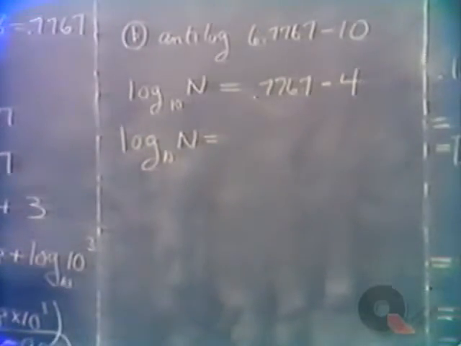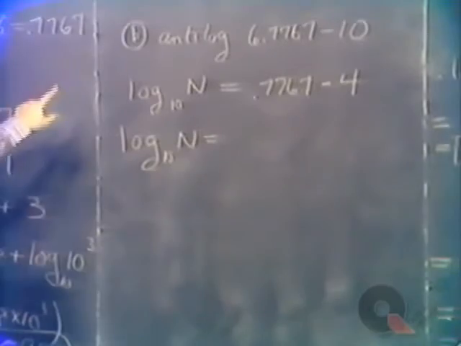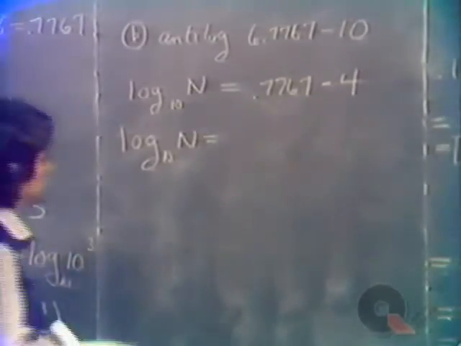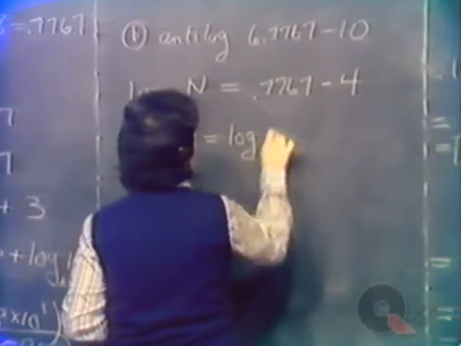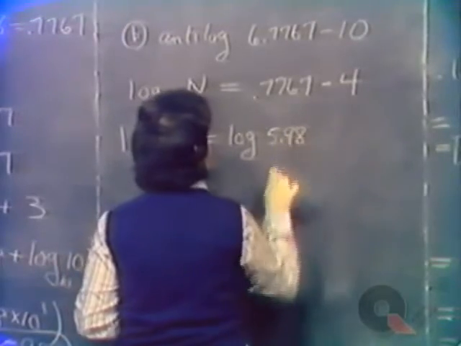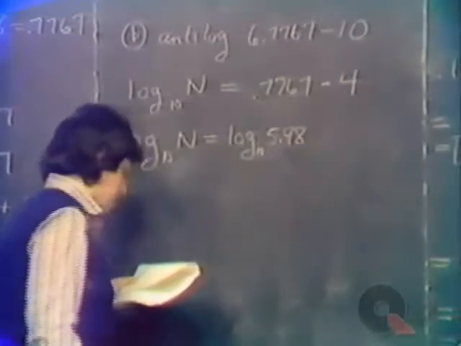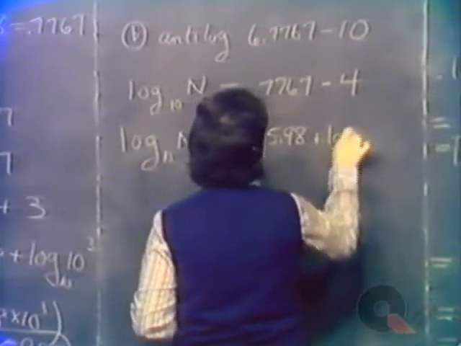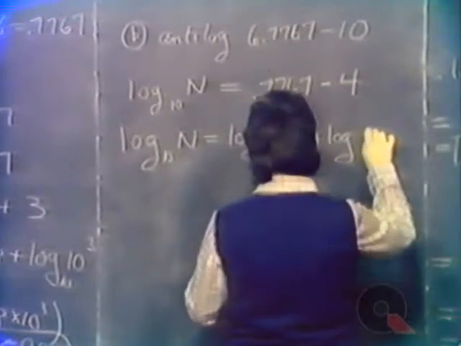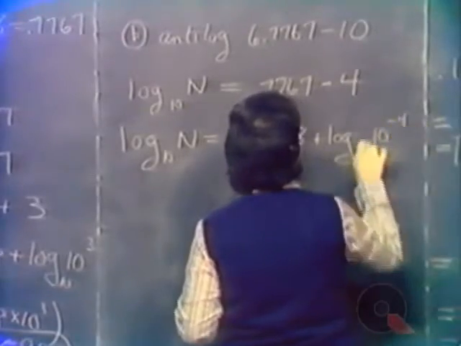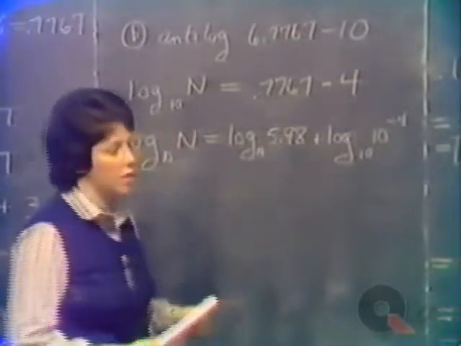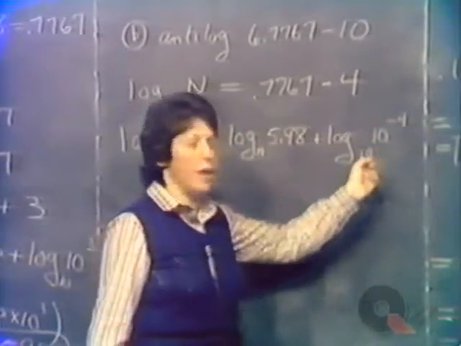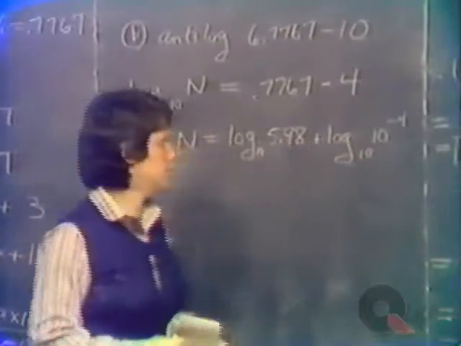Now, 0.7767 we know already is a log of 5.98 to the base 10. And minus 4 could be thought of as the log of 10 to the minus 4 power to the base 10. Minus 4 is the power that you have to raise 10 to get 10 to the minus 4 power.